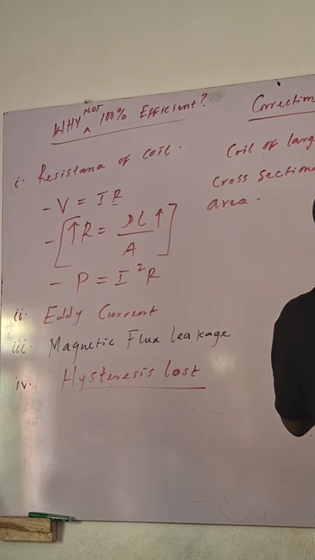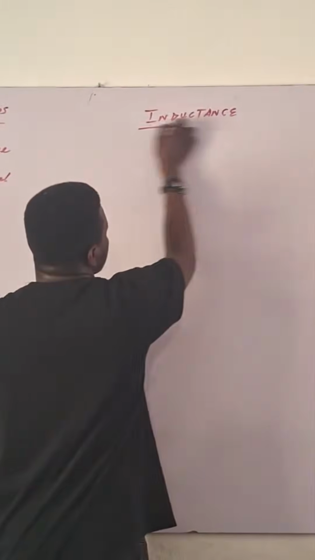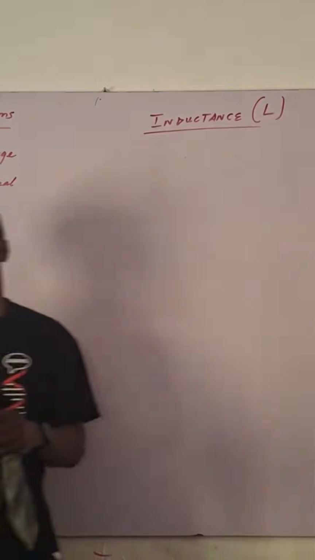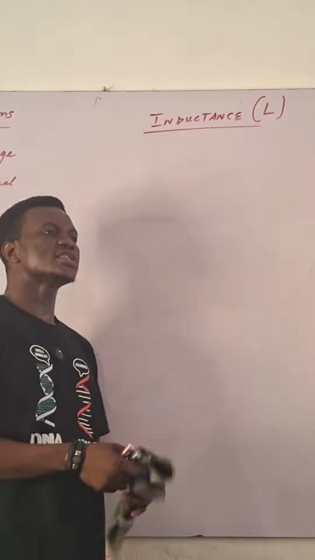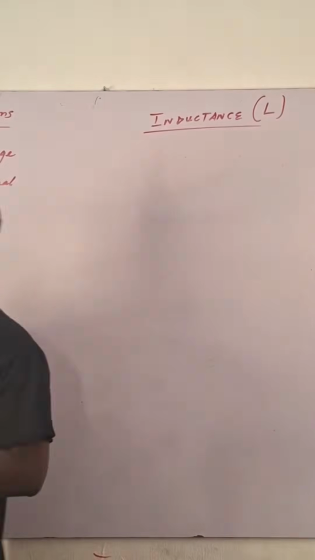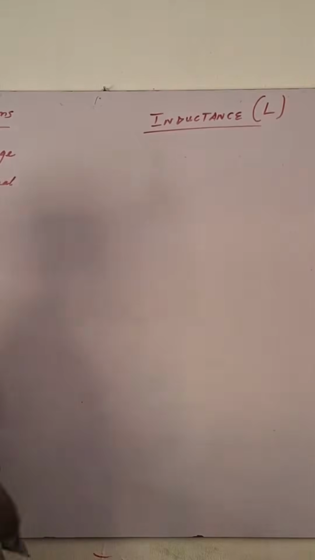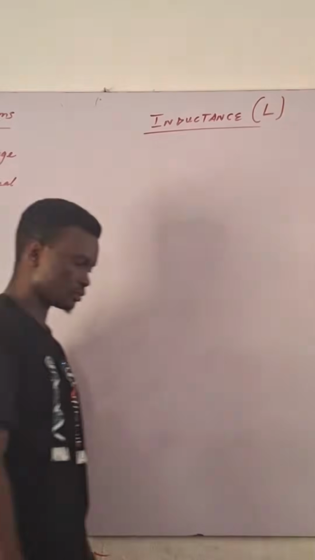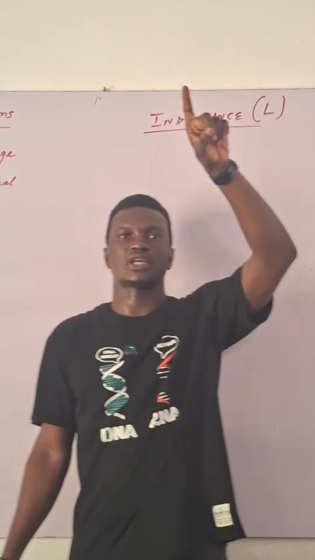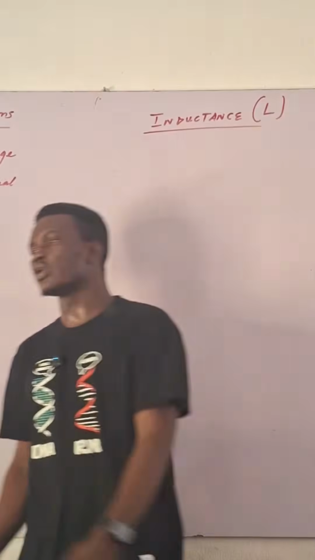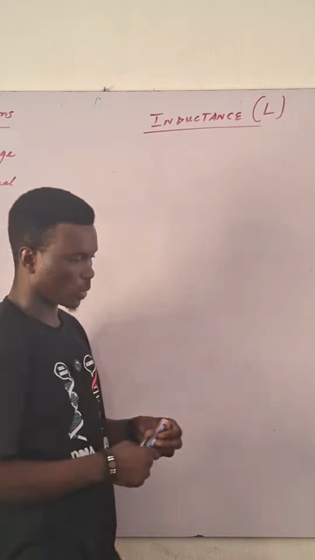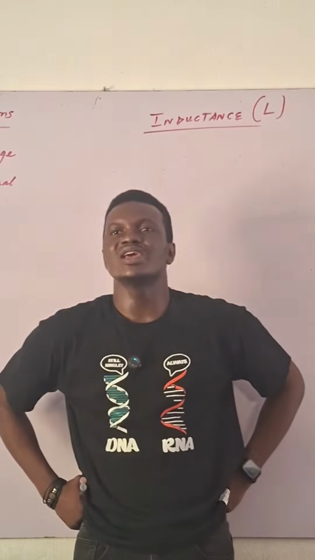So inductance, like resistance. The symbol for inductance is L. Inductance is an opposition created in a coil of wire as a result of currents flowing in the wire that is generating a magnetic field.